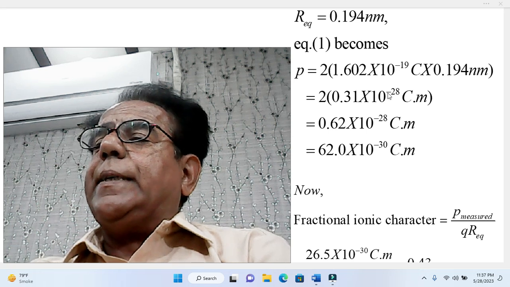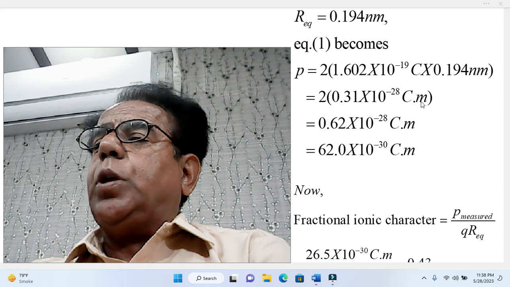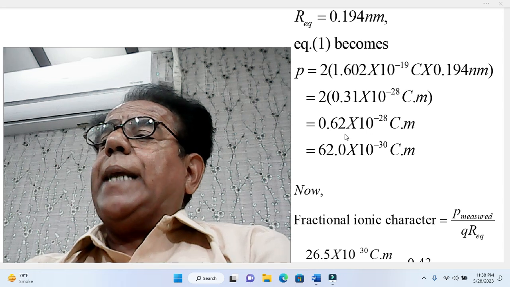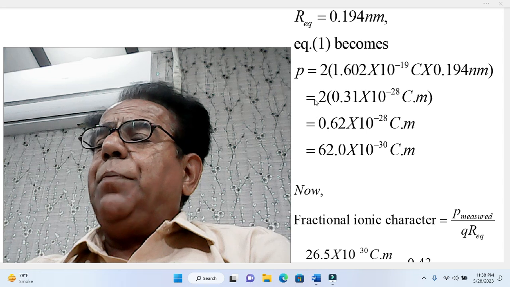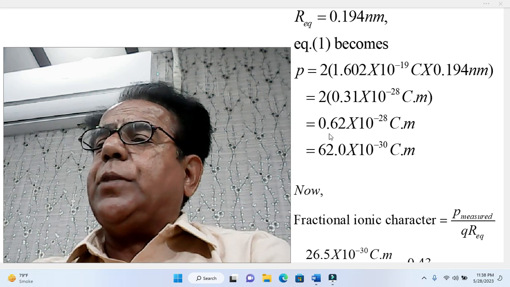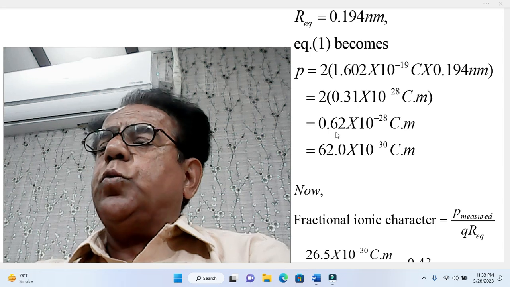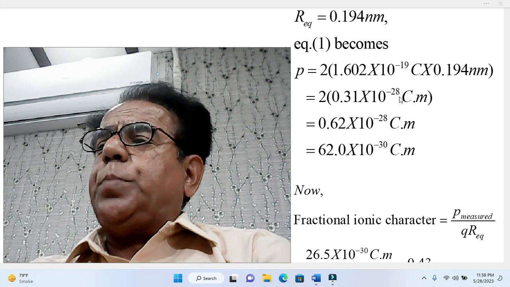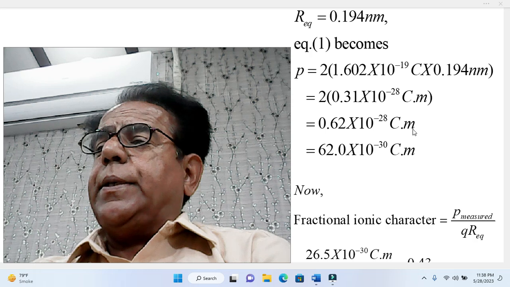That is why here it is minus 28 coulomb meter. In the next step, we have multiplied 2 with this, and hence 0.31 becomes 0.62 into 10 raised to the power minus 28 coulomb meter.